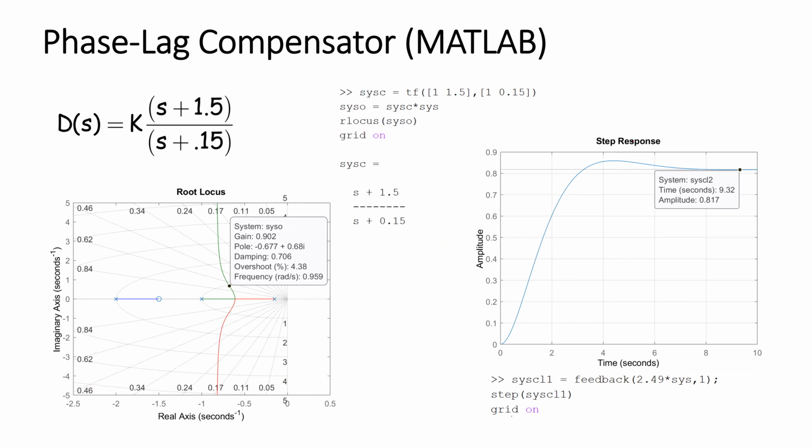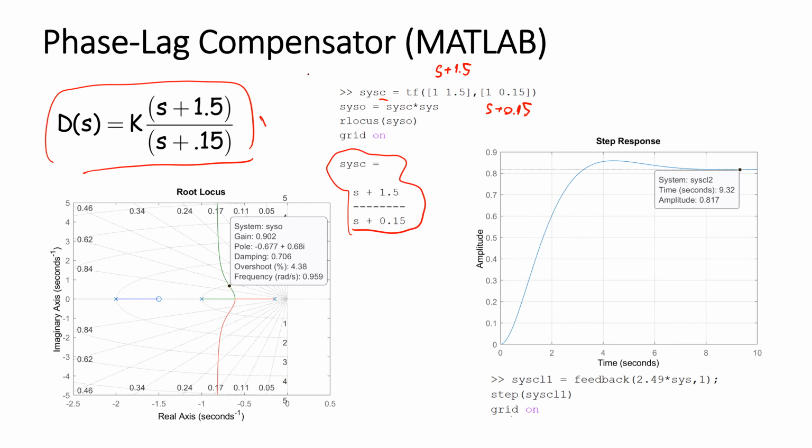This controller, the transfer function of the controller, is s plus 1.5 divided by s plus 0.15. The open loop transfer function is controller multiplied by the system. The root locus, we plot from the open loop transfer function.